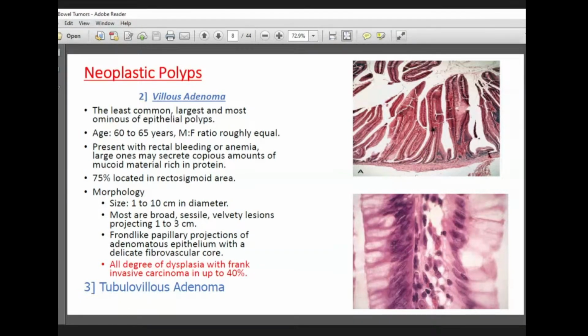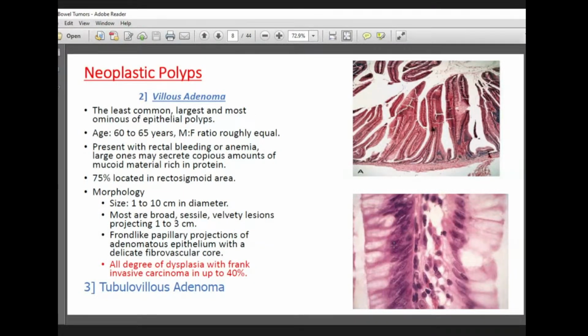Again, their location is most commonly the distal colon, like your rectosigmoid area. As I told, they are larger in size. They can grow up to 10 centimeters. They are broad, most of the time sessile, and velvety because of multiple villi on the surface.